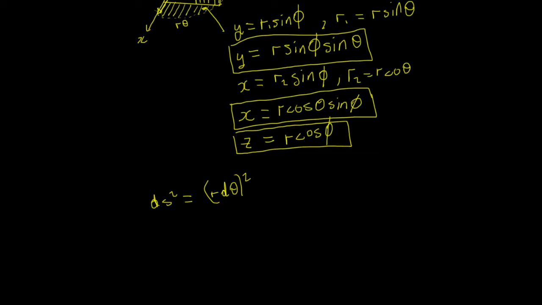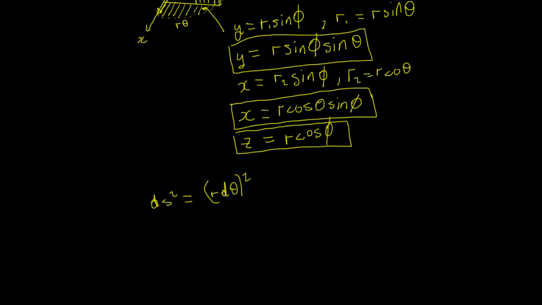Okay, now that distance there is going to be taken from this point here, and we're going to come up a distance. The distance we're going to come up is going to be some value r d theta.